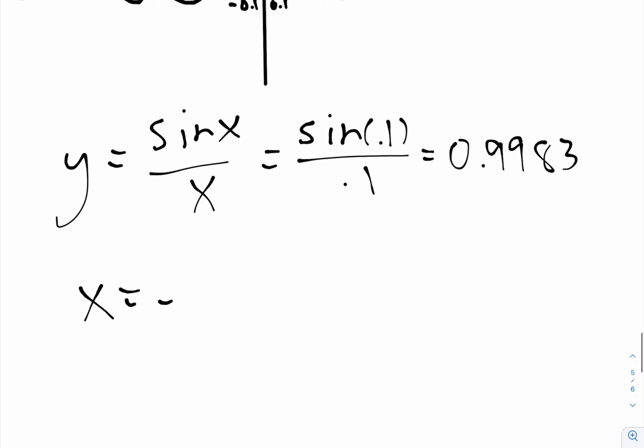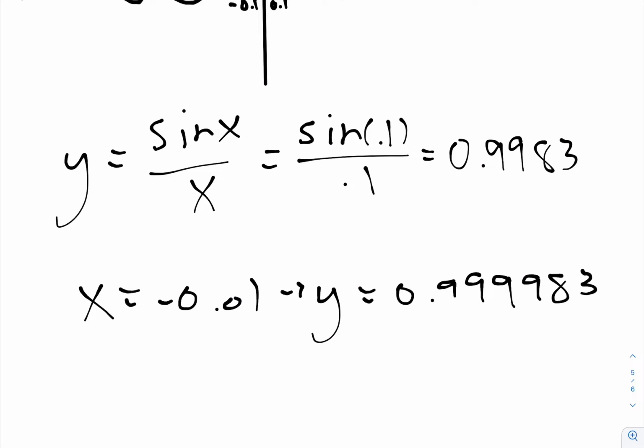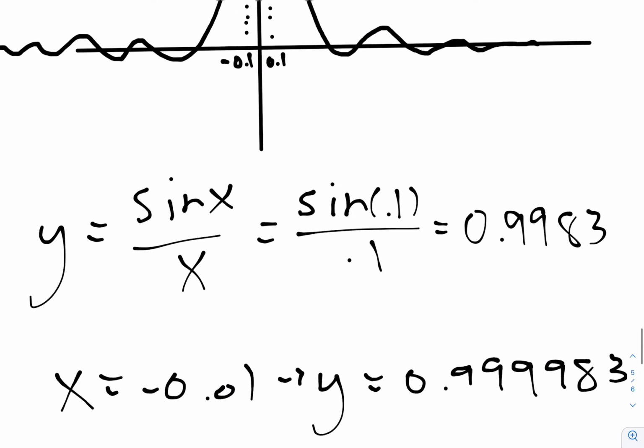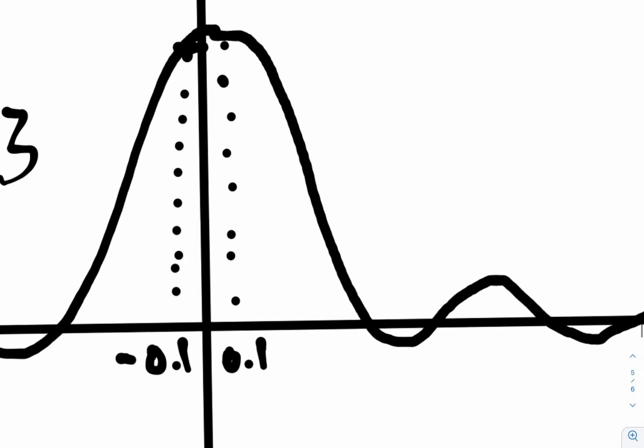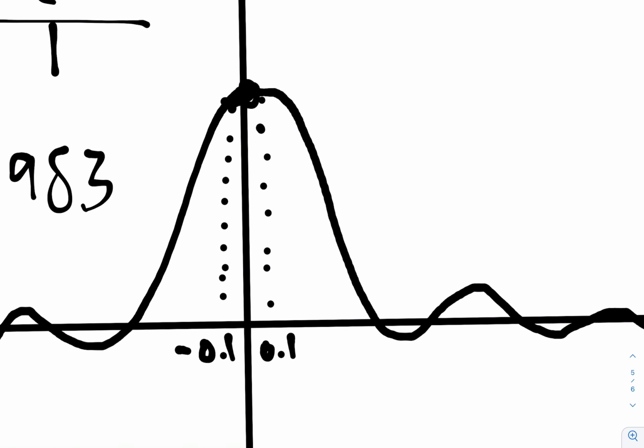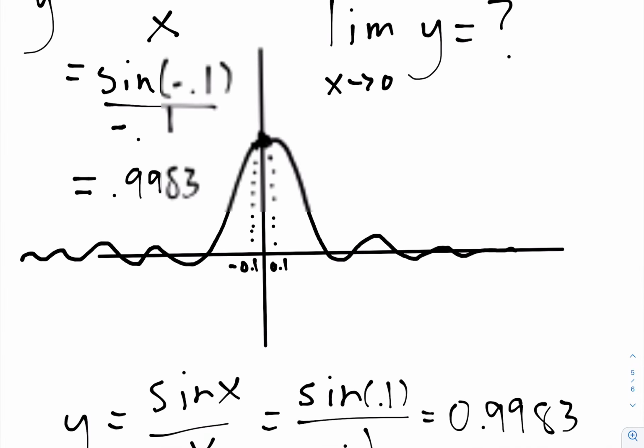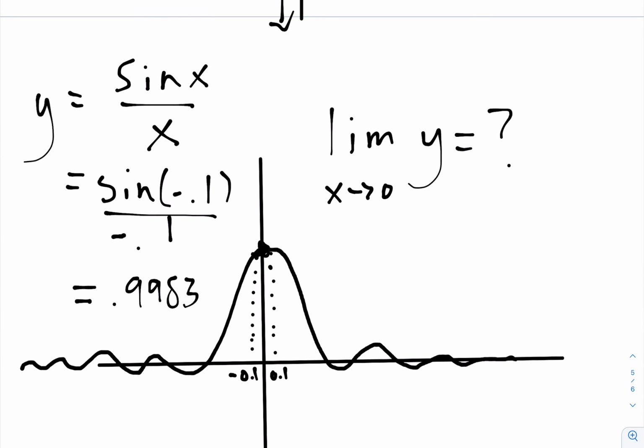So when x is negative 0.01, y is going to be 0.999983. You can see, as we get closer and closer to 0, as we nudge closer to 0, the y value is going to approach 1. It's close enough to 1 that we can just say it's 1. So the limit of y as x approaches 0 is going to be 1.